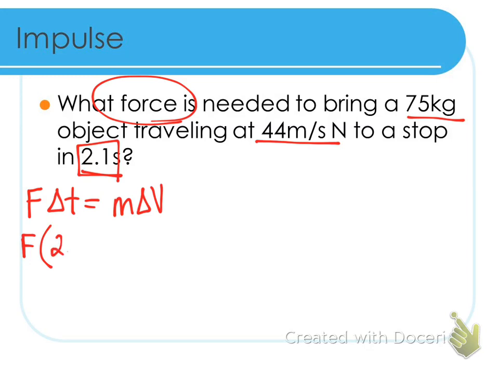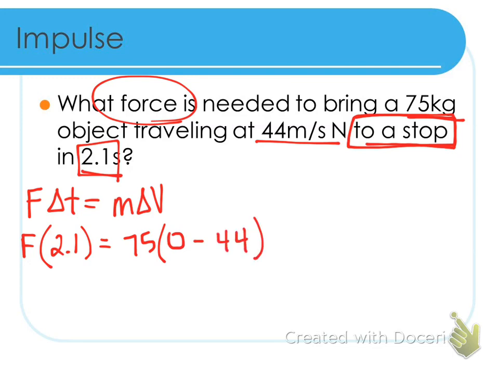So 2.1 equals m times final minus initial velocity. So what's our final velocity here? 0, because it says it comes to a stop. Okay, so final needs to be 0, initial is 44. Okay, that's really important.